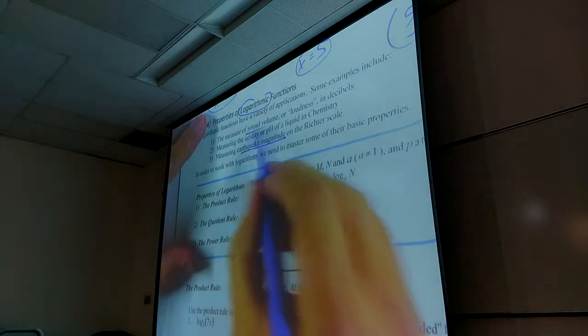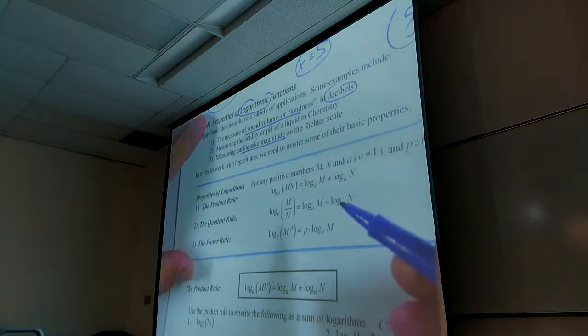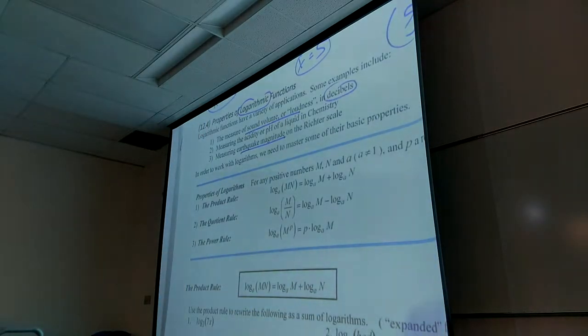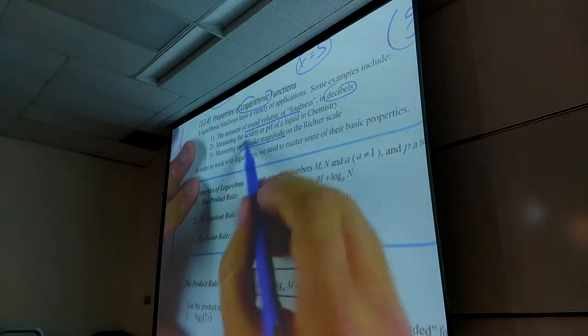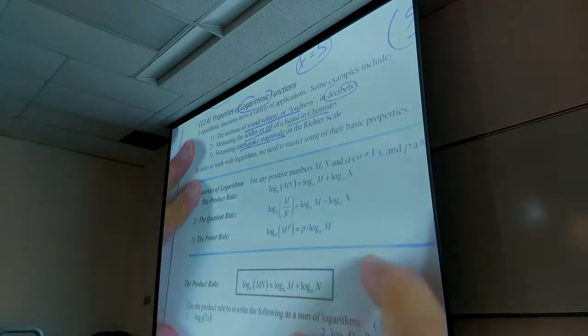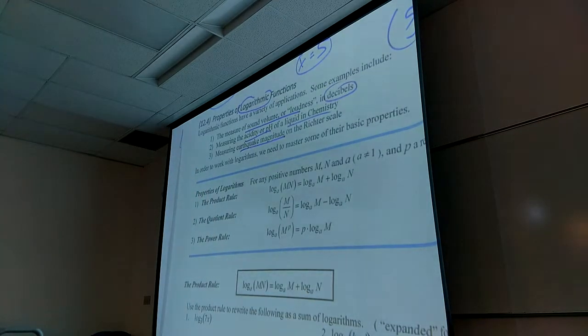They're used to measure sound volume. I'm sure you've all heard of decibels, the comparison between a jackhammer versus a rock concert or something. And the acidity of liquids in chemistry, you use logarithms to measure that. Those are some places that we actually use these logs in real life.